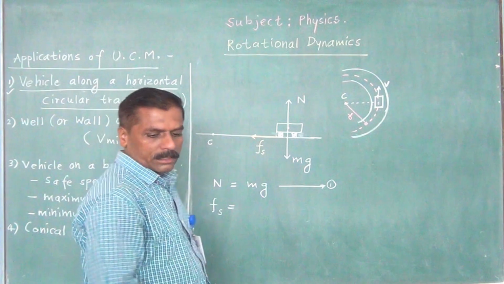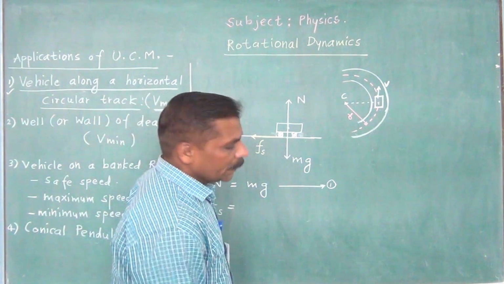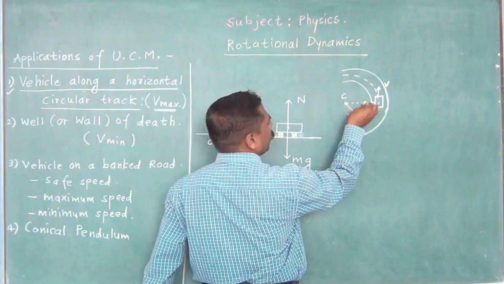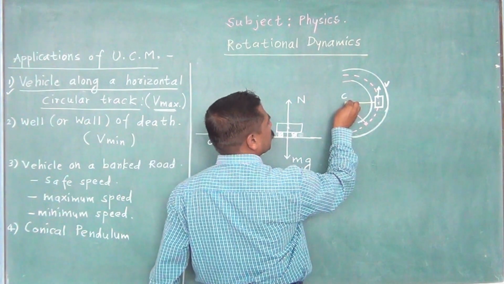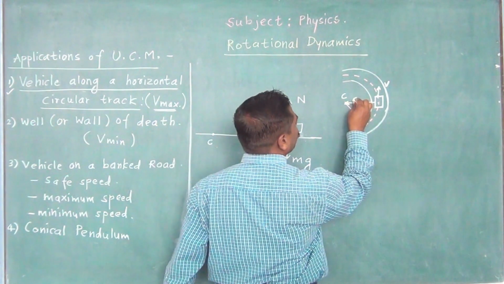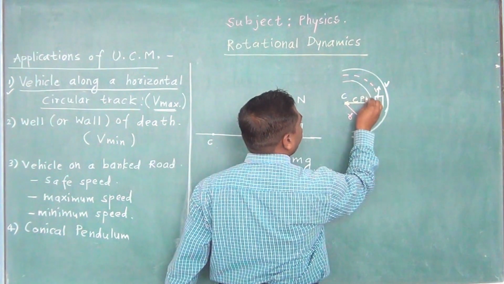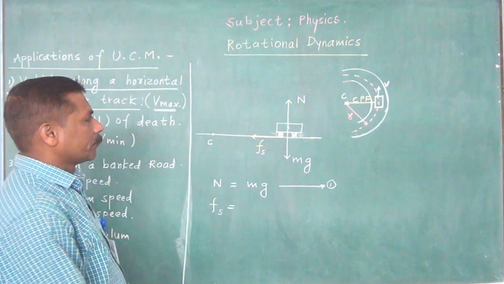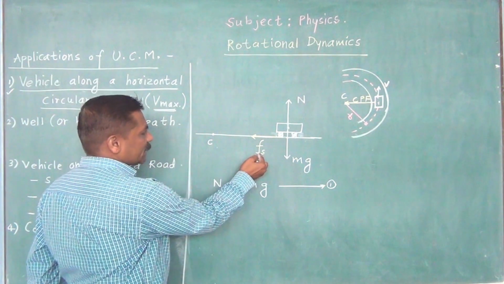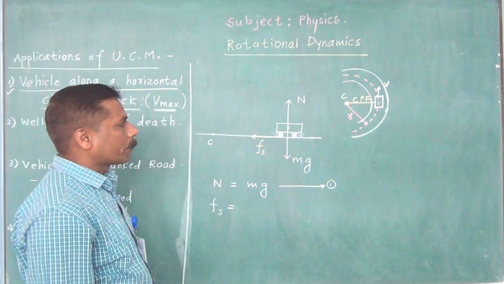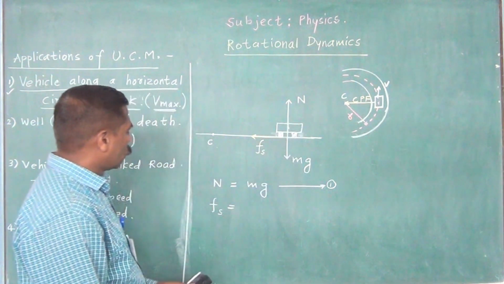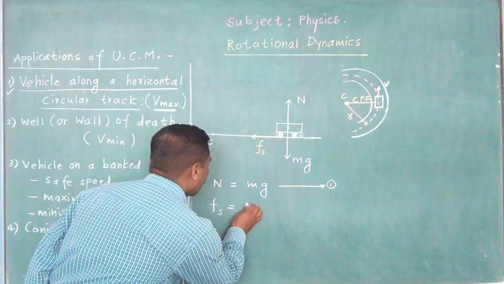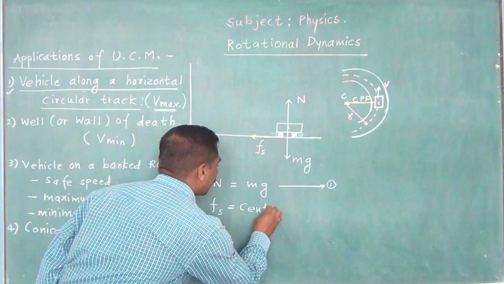In the second diagram, you can easily find this force acting along the radius towards the center, and definitely this force is called the CPF, that is the centripetal force. So this Fs is acting towards the center of this circular path, which is shown here also. We can consider this Fs as the centripetal force.